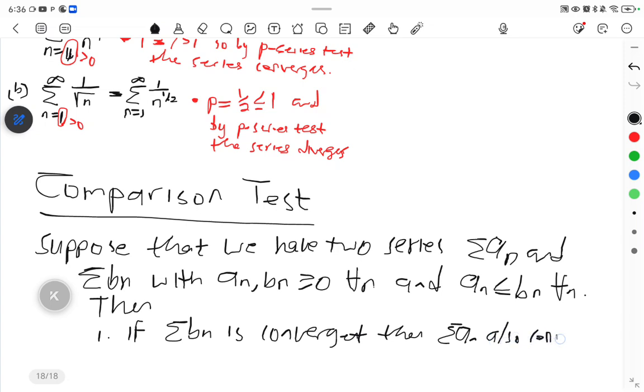You see, right? Second one, if we find that this series a_n is divergent, then this one, b_n, diverges.